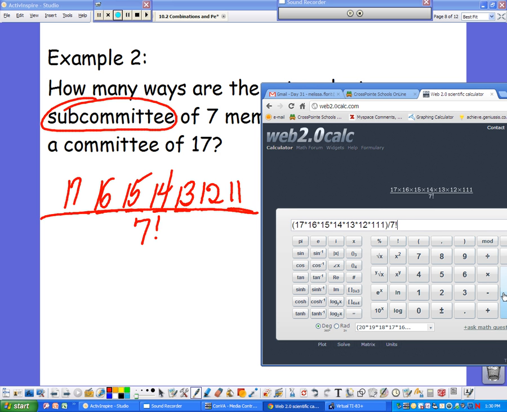Hit the equals, and we get 100. Oh, wait a minute, we got an error here. Let's try this again. 17 times 16 times 15 times 14 times 13 times 12 times 11.